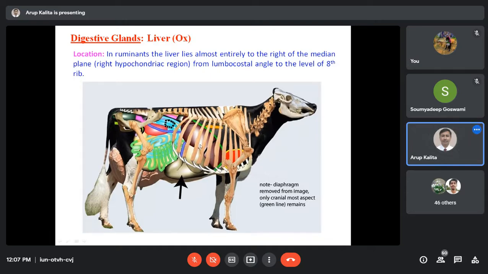Understand? So what is the location? Right hypochondriac region in the abdominal cavity. The hypochondriac region is present in the abdominal cavity, from the lumbocostal angle to the level of the 8th rib. That is the location of the liver.